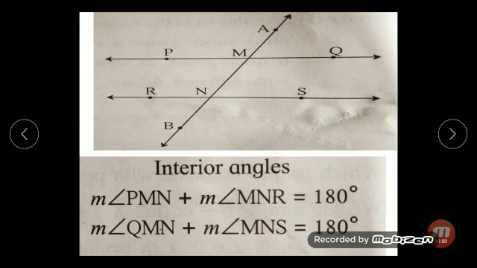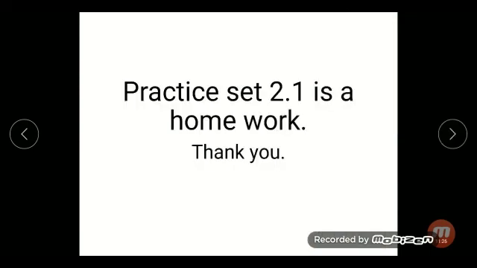In this diagram, angle PMN and MNR are a pair of interior angles and their sum will be a total of 180 degrees. And angle QMN and angle MNS are a pair of interior angles and they are supplementary, meaning their total will be 180 degrees.